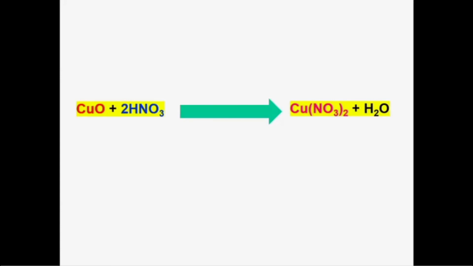That's why the amount of products that we should get will be different from what we actually get, and that is why we have two different yields.